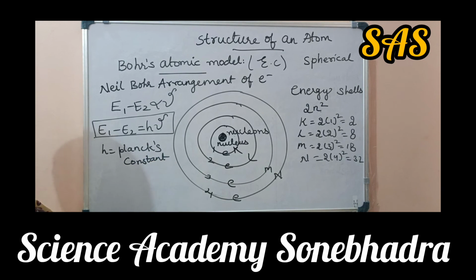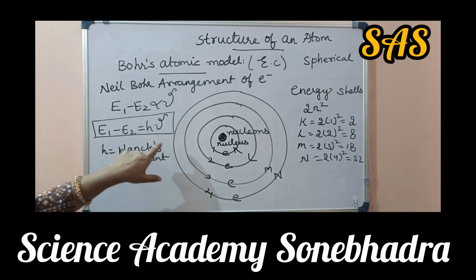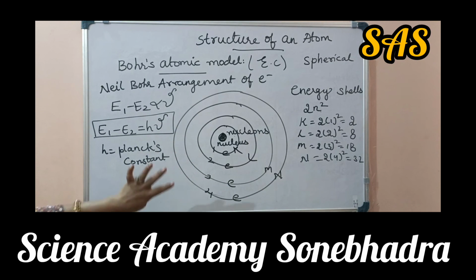So, the energy which is gained or lost is given by the equation E1 minus E2 is equal to h nu. So, this was about Bohr's model. In the next class, we will see how to write the electronic configuration of an element.